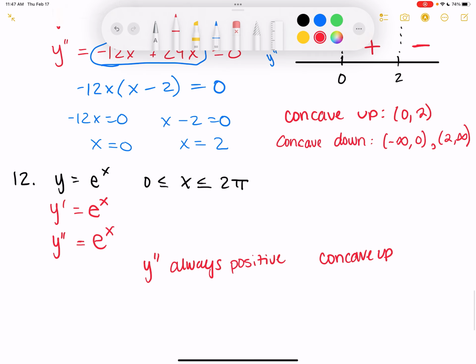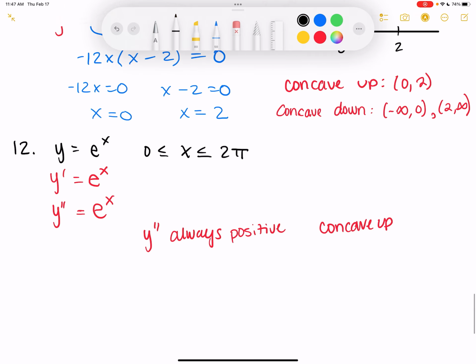Let's do 10 so we get another one that actually will have a sign chart with it. Number 10, y is equal to 5 minus x to the 1/3. So first derivative.